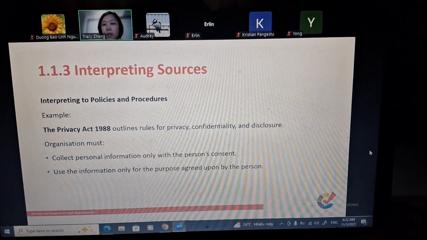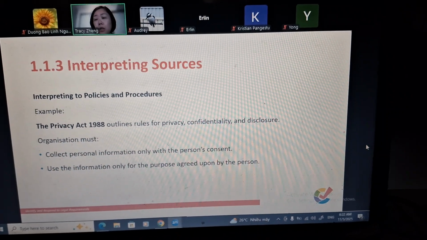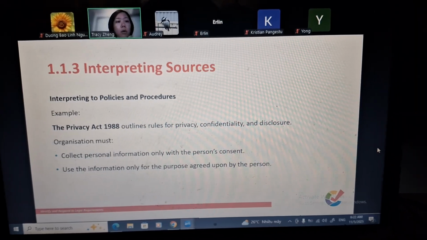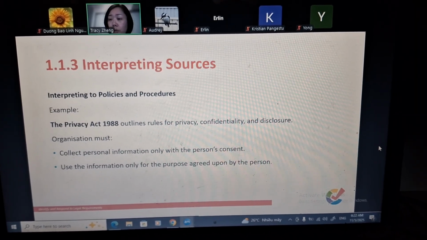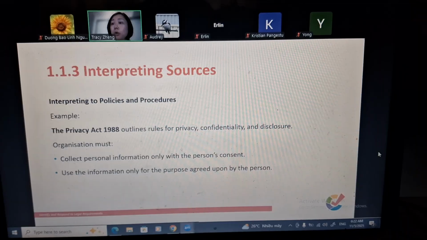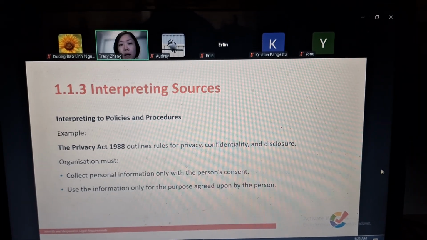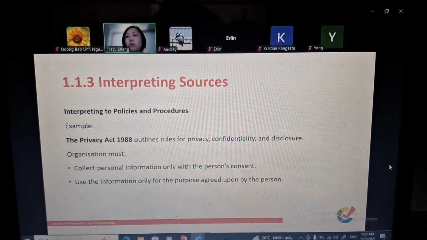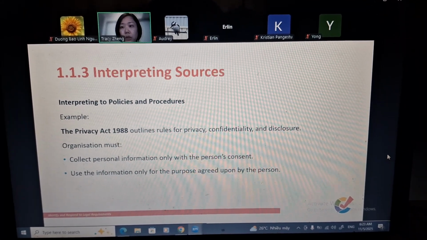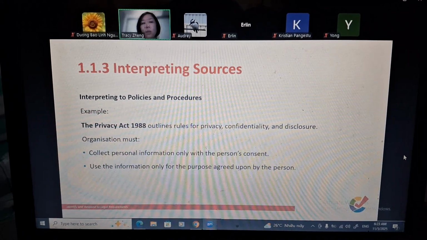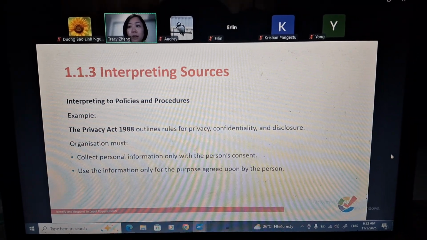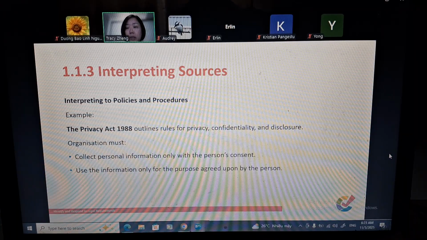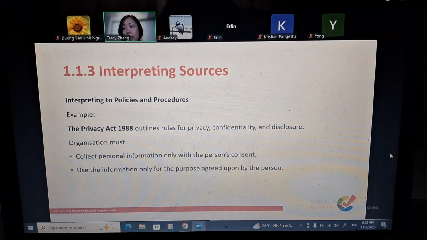It tells you how organizations collect information from our clients, what they use that information for, how they need to protect our clients' privacy, what they must do to keep our clients' information confidential, and when we need to disclose the client's information, what steps and process you need to follow, right? It's all clearly outlined in this legislation.